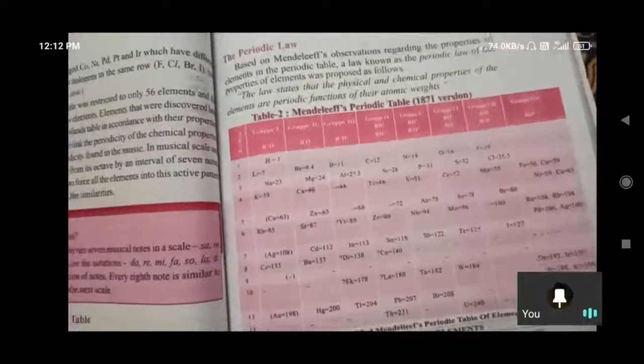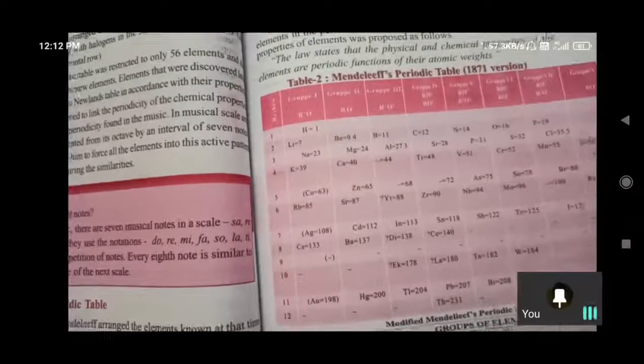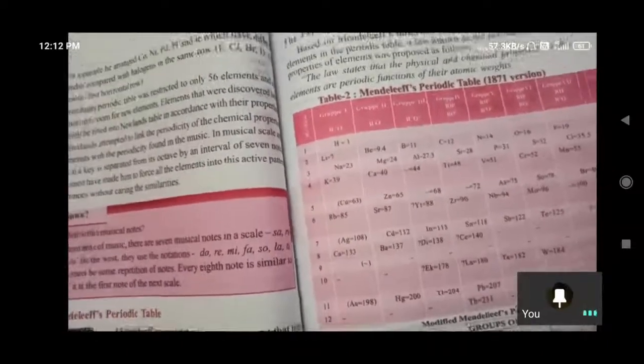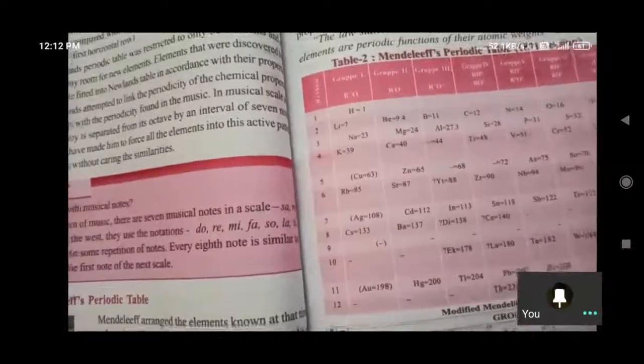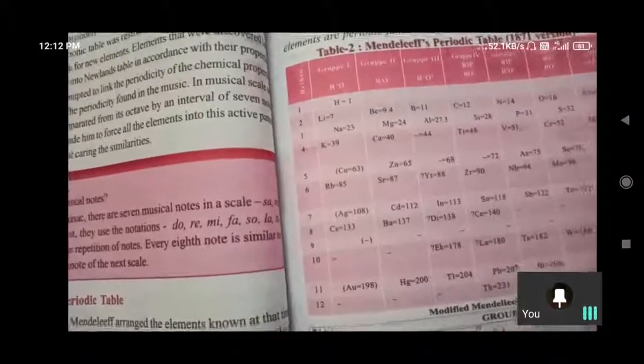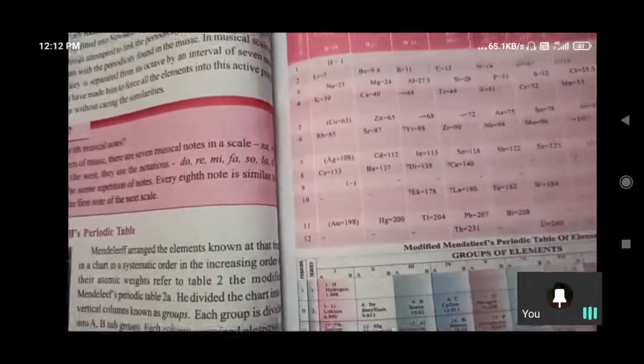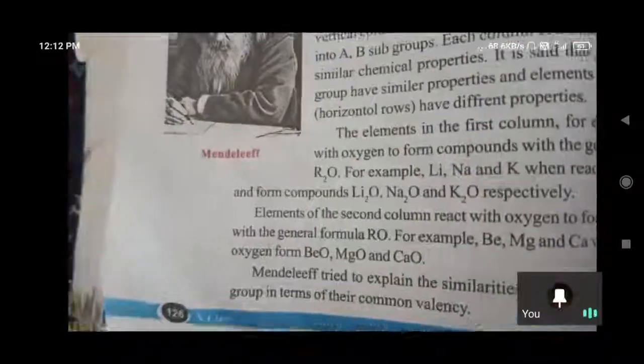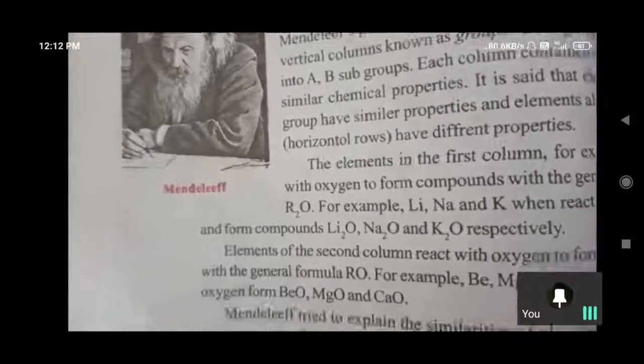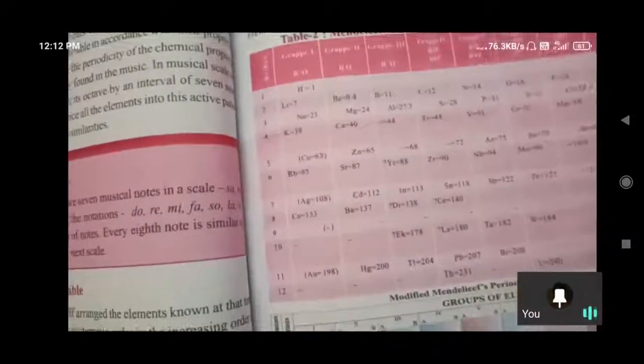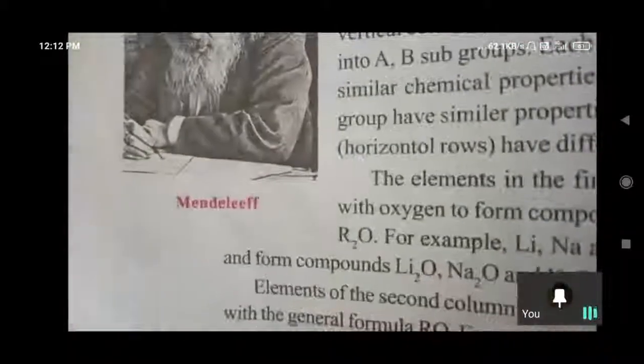So elements in the first column, for example, react with oxygen to form compounds with a general formula. So react with oxygen. First column mottam oxygen to react ayyelaga. And the elements of the second column react with oxygen to form compounds with general formula RO, R2O. So RO means here R is another halogen, anything we are taking, that one comes under R. And R2O form ayyelaga, second one RO form ayyelaga.